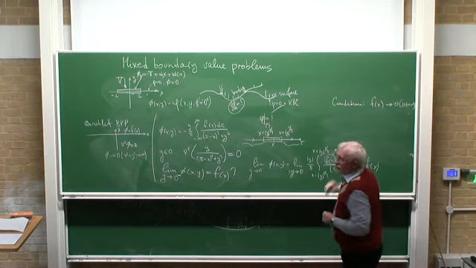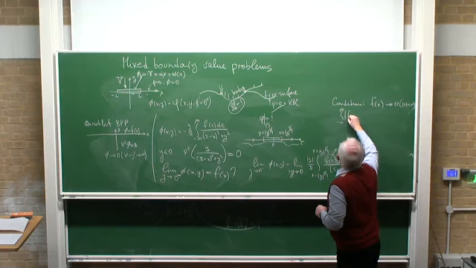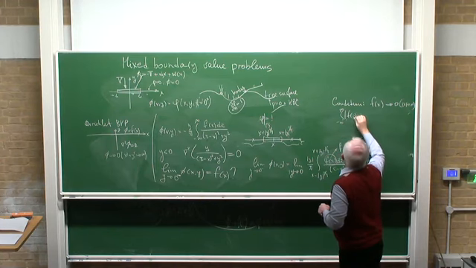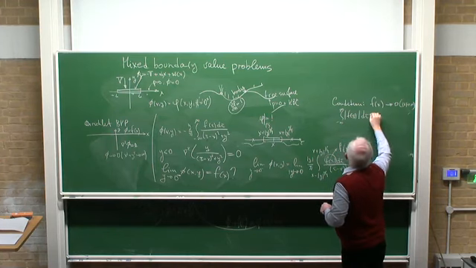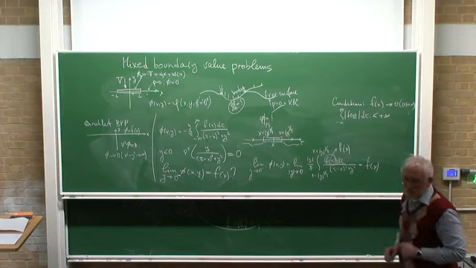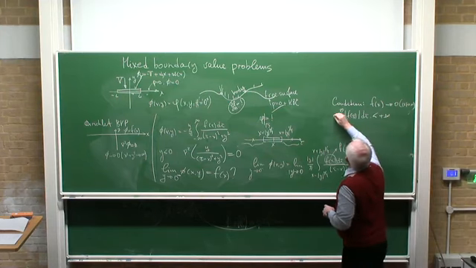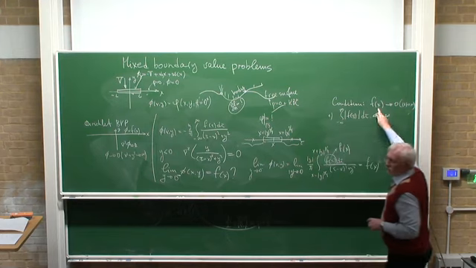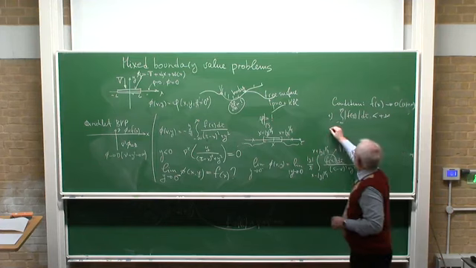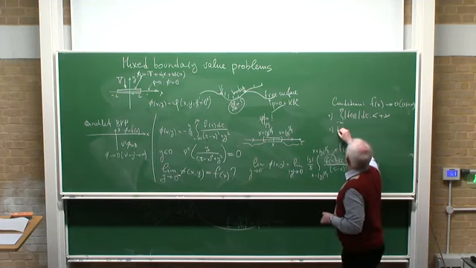Then the function should be integrable, the integral from minus infinity to infinity of f of tau d tau is finite. It's actually just one condition, because that follows from this one. And second, that is the interesting condition called the Hölder condition.